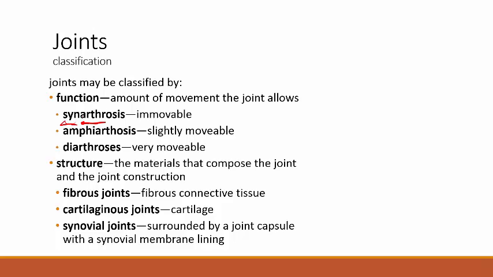And then last of all, the synovial joints, which are the joints that have a capsule around them. They have a fibrous connective tissue capsule that surrounds them. And the interior of that capsule is lined with a synovial membrane, which, if you recall from back in the tissues chapter, is capable of secreting synovial fluid, a lubricating fluid, into the joint.